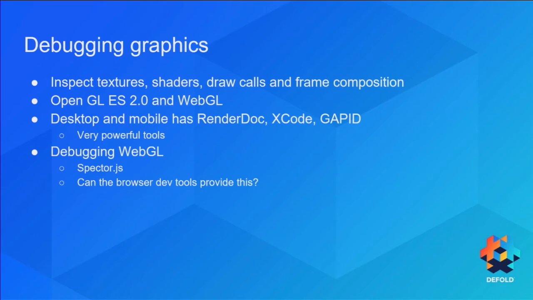We would like to inspect shaders, draw calls, break down a frame into how it's composed. We currently use OpenGL and WebGL, of course, looking into Vulkan as well. But what we see is that on desktop and mobile, we have RenderDoc, Xcode, and Google's Graphics API Debugger, and they're quite powerful tools. But what if we want to do the same thing on WebGL?